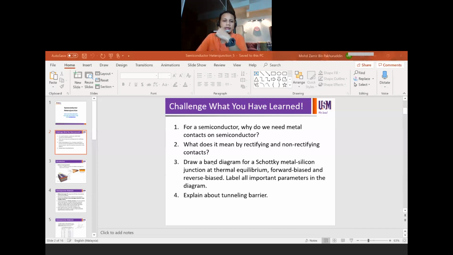Kita dah belajar tu kan, diode punya properties. Rectifying, what is it? Does it flow in one direction or both directions? Yes, rectifying is Schottky contact. Good. So rectifying is also called Schottky contact, and it allows only one directional current flow, right? If you're talking about non-rectifying, then it allows both directions, or ohmic contact.